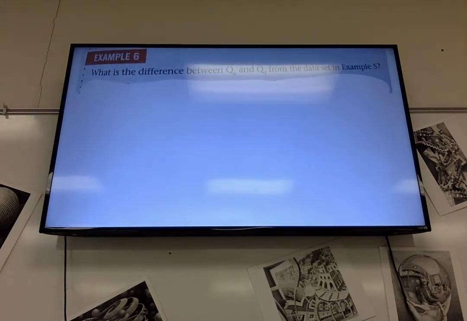We want to know the difference between Q1 and Q3 in the numbers that we just did. That's called the interquartile range. We're just going to abbreviate it as IQR.